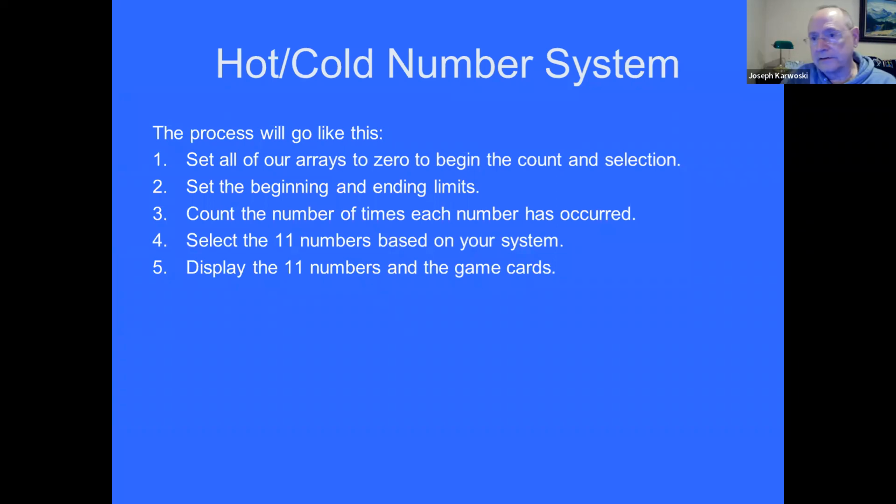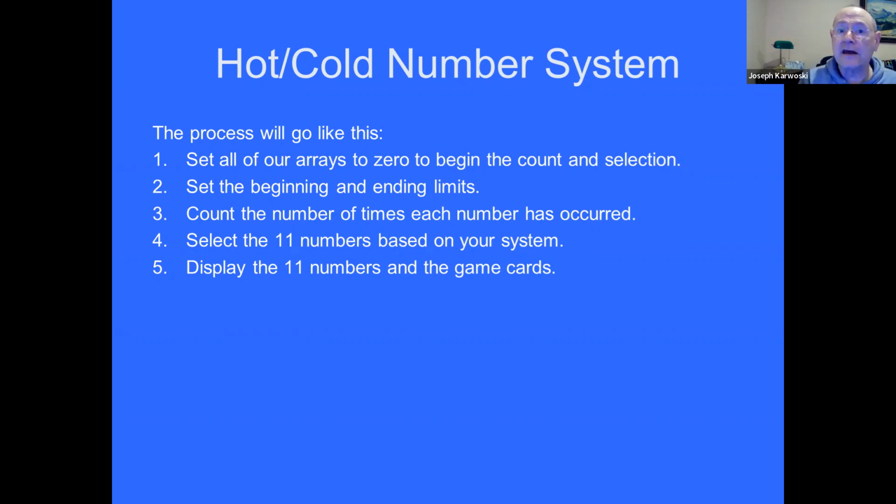Are we only looking at the last 5? Are we looking at the last 13? Are we looking at the first 13? Okay. This is where you're going to pick your system, which one you are selecting. So how many numbers are you going to look at? So that's going to be step 2.